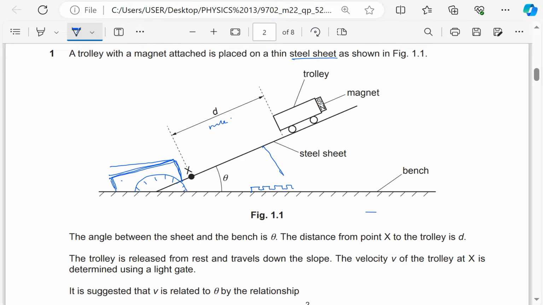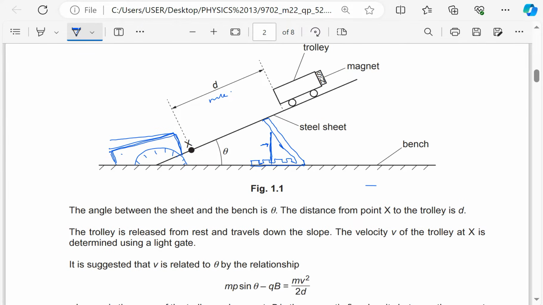Or you could choose to use a car jack. So I have a ratchet, or you can use a jack. Here, just move this piece into these jaws so that I adjust the angle theta.